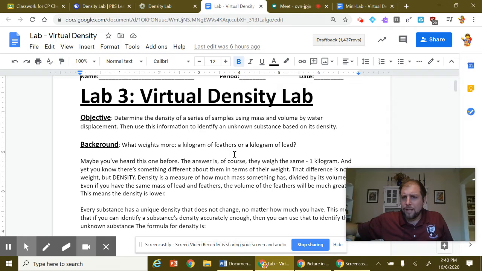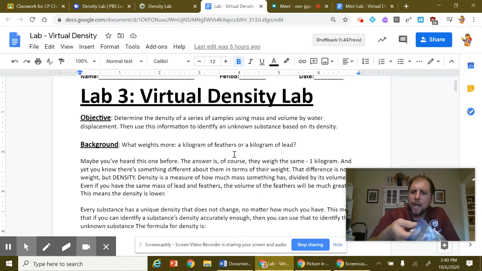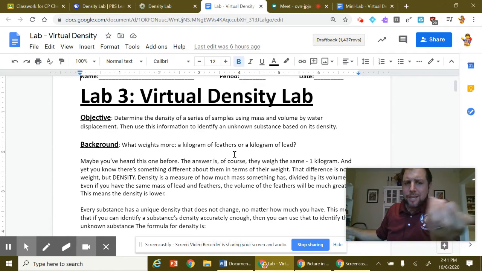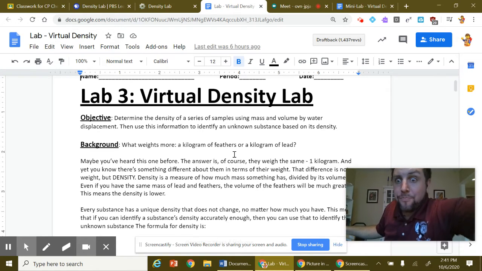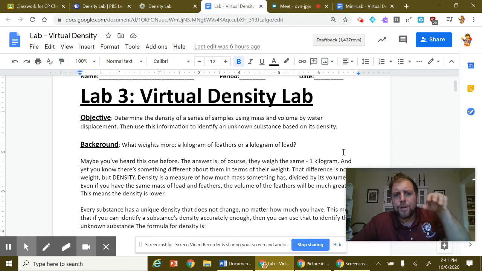You might recall in my video how I was able to identify these coins as being made out of aluminum because I took their density and it matched that of metal that I knew to be a sample of aluminum. Also, I could just look the densities up online. If the density matches the density of aluminum that I look up, then I can identify it. So that's your goal: to identify an unknown metal, or some unknown substance, based on its density.